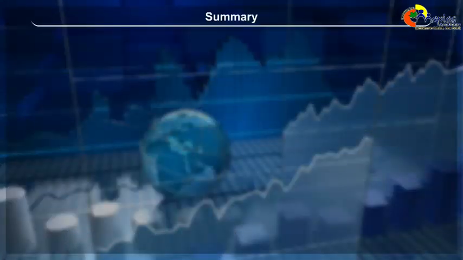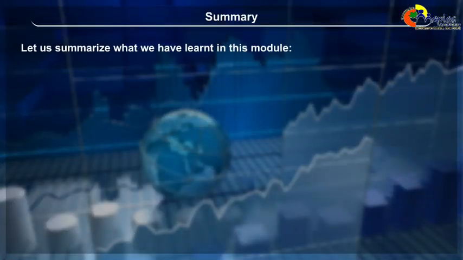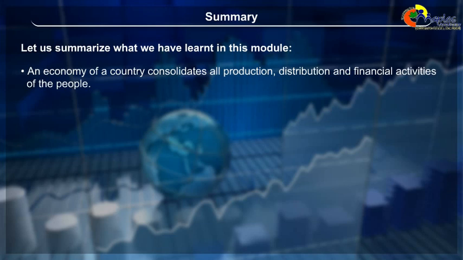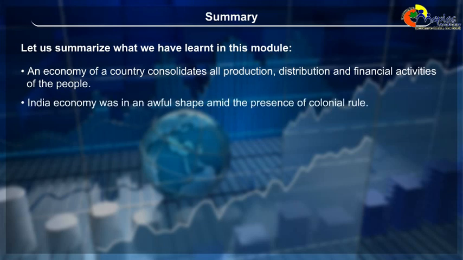Summary. Let us summarize what we have learned in this module. An economy of a country consolidates all production, distribution and financial activities of the people. India's economy was in an awful shape amid colonial rule.